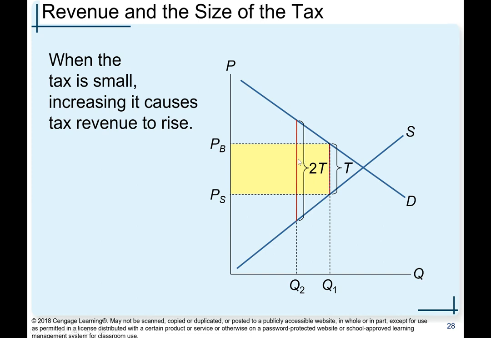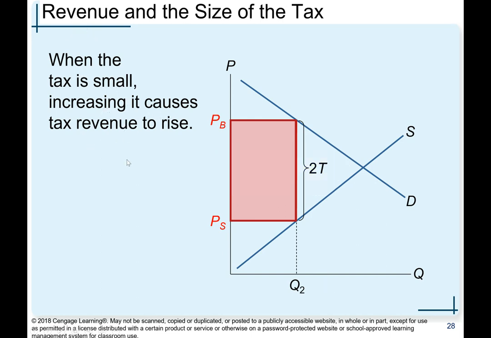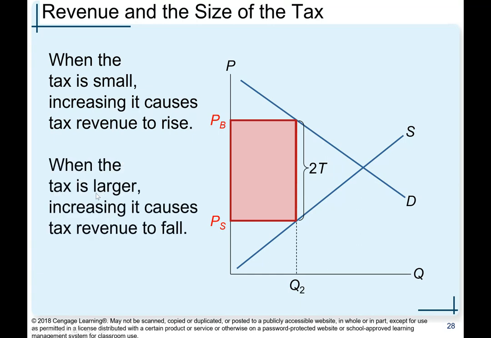When the tax is doubled, the tax is doubled, but the revenue that goes to the government is not doubled. When the tax is small, increasing it causes tax revenue to rise. When the tax is larger, increasing it causes tax revenue to fall.